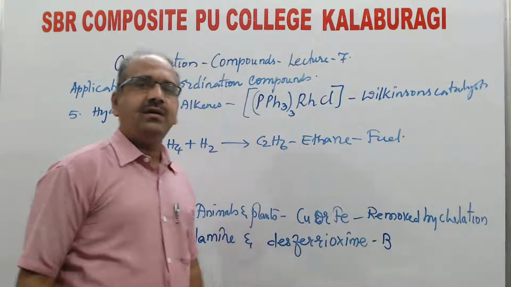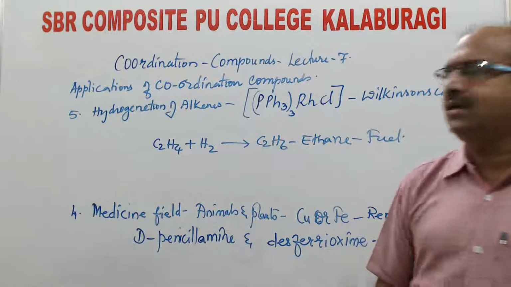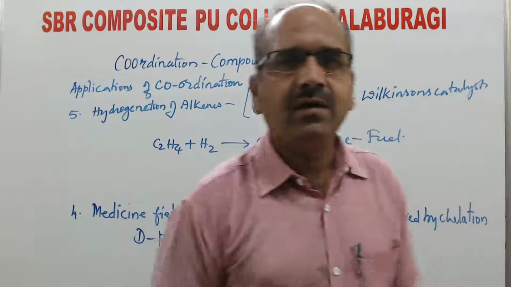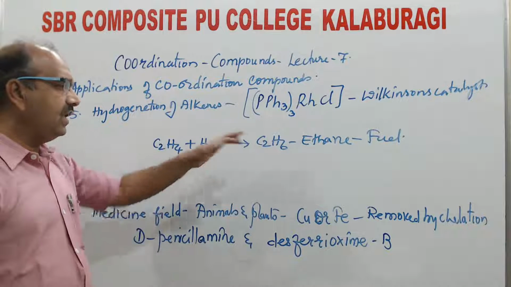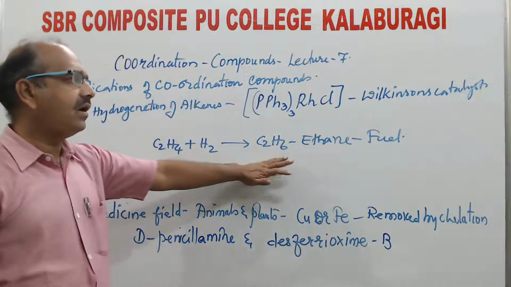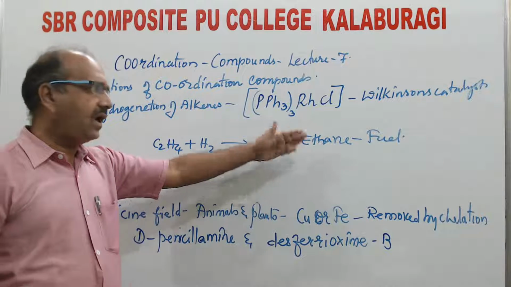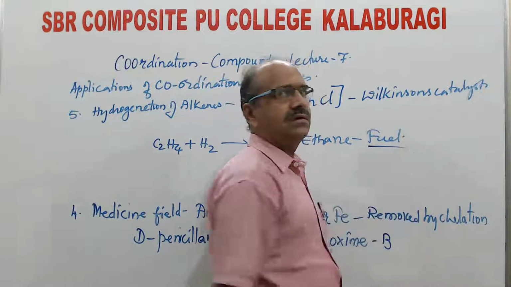You can make fuel, get the license and start selling. You can make your living. Nothing big we need to do. So Wilkinson's catalyst will help in the hydrogenation of alkene to alkane, and most alkanes are very good fuels.